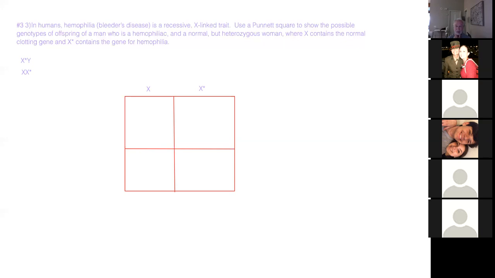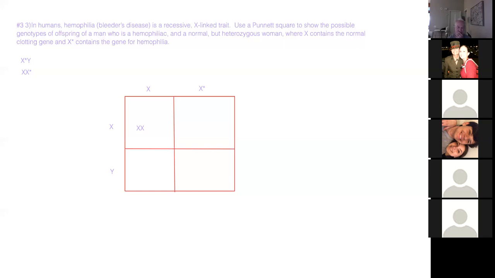So what individual have I put on that top row? The female. And remember I said we don't mix the rows. One individual goes on one axis, the other goes on the second axis. So crossing this top left, I get big X, and that is going to be a normal female.